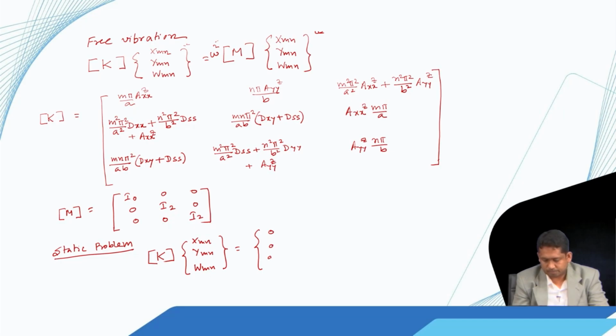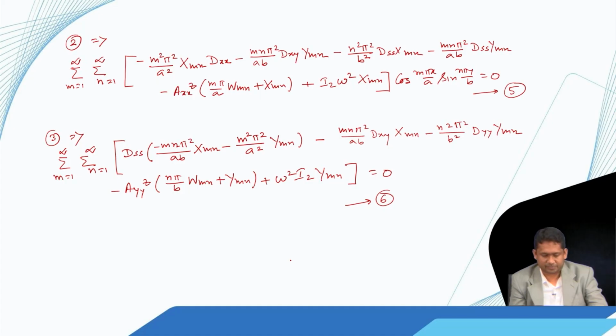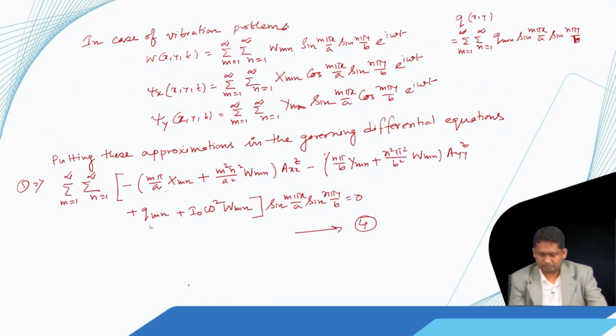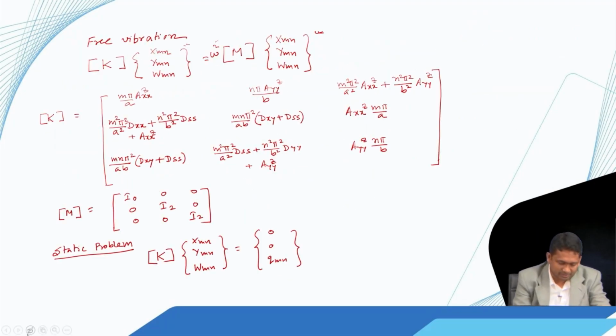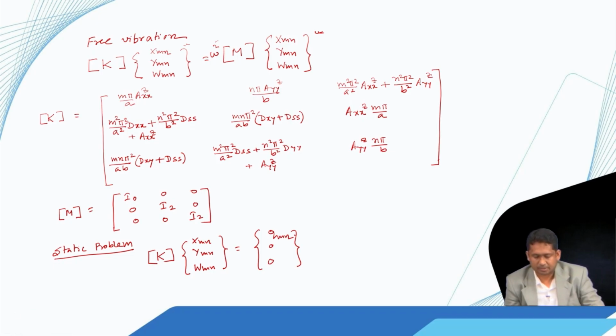If I look at the equations, this equation is the equation corresponding to W, so QMN should be there, in the last equation. So, we have 0 here and QMN here.